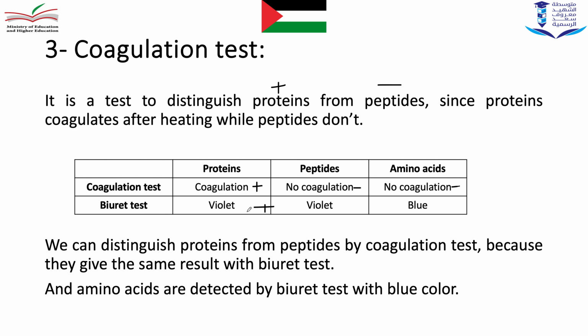The same result, which is violet. So how can I distinguish between proteins and peptides, or proteins and amino acids, or peptides and amino acids? We can distinguish between proteins and peptides by the coagulation test because they give the same result with the Biuret test.